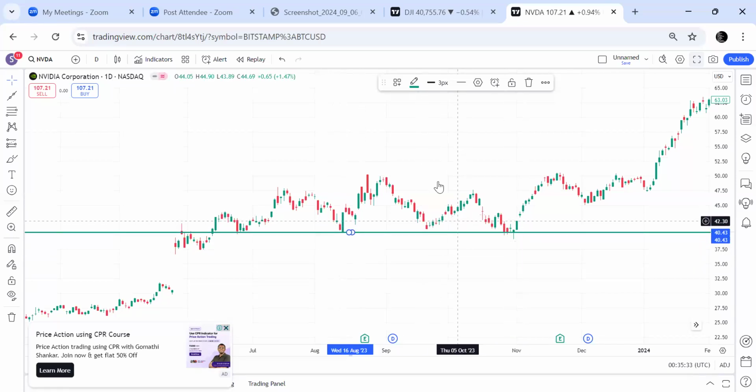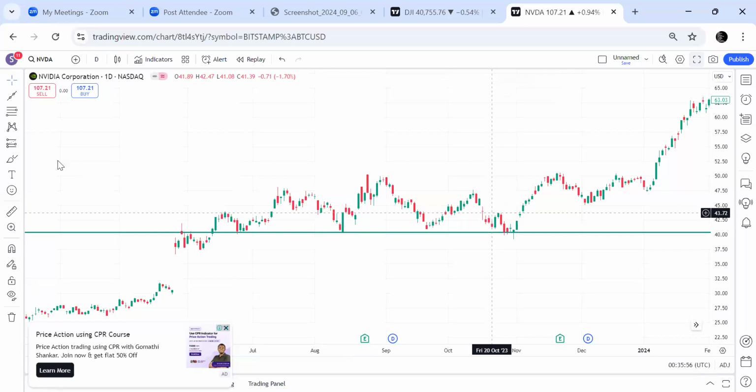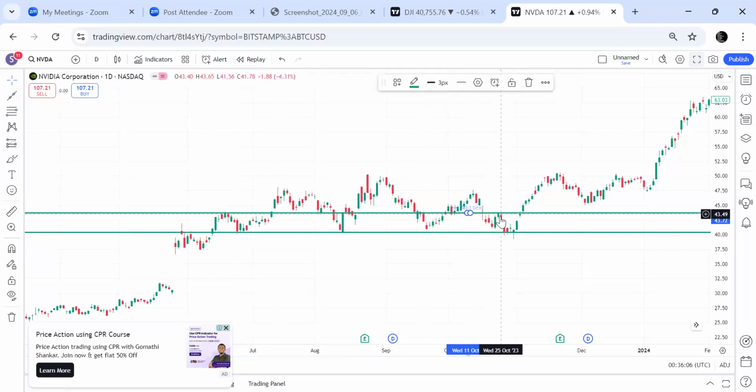So similarly, we can consider this as a bearish engulfing pattern.